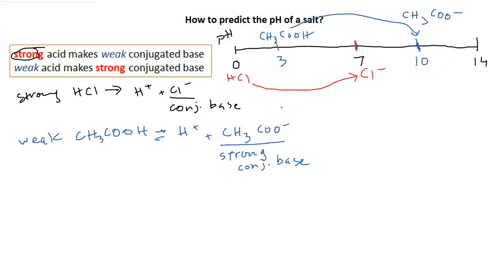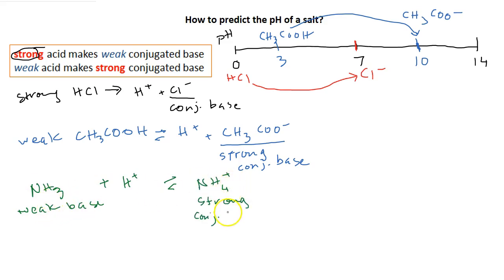Alright, let's try one more. Let's say something like NH3, ammonia. Ammonia is a weak base. It's not an acid, it doesn't give out H+, it's accepting H+. So it can accept an H+ and form ammonium. Since ammonia is a weak base, it's going to form a strong conjugate acid. Let's say ammonia has a pH of 11.